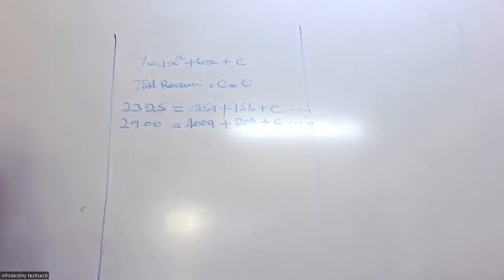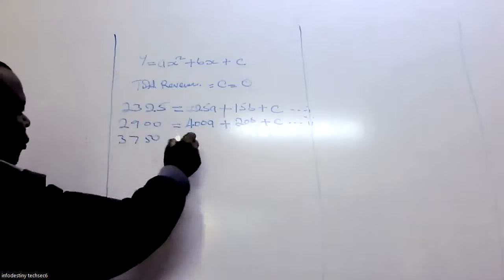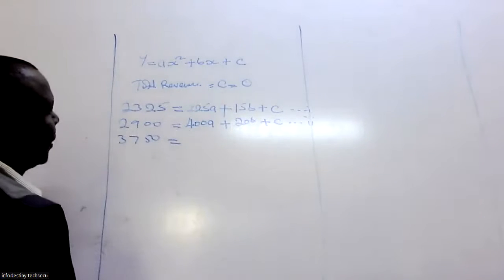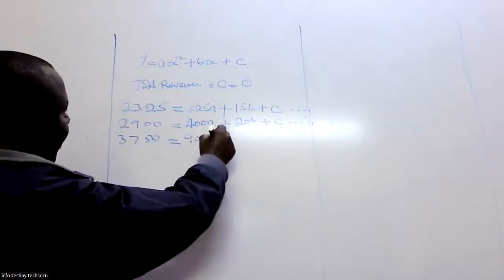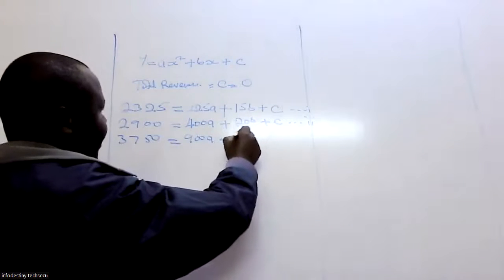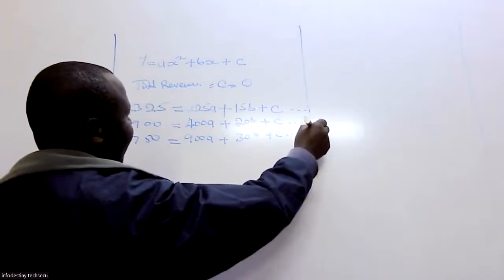Then we go to the third equation. 3750 will be equal to 900 A plus 30 B plus C. That's going to be our third equation.